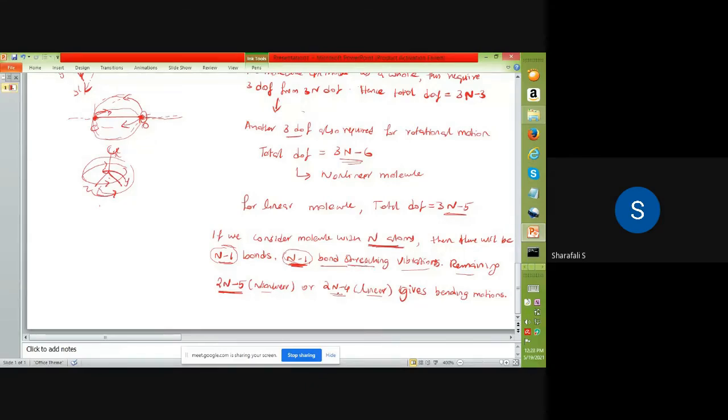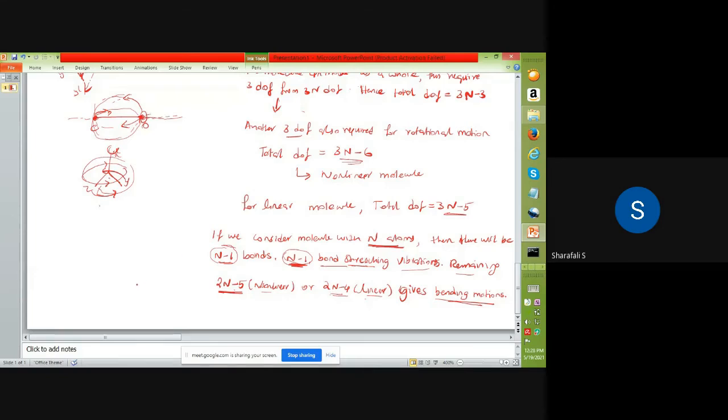So the remaining 2n minus 5 or 2n minus 4 vibrations will be associated with the bending motion. The first n minus 1 are associated with the stretching vibration, and the remaining 2n minus 5 and 2n minus 4, for the nonlinear and linear cases respectively, are associated with the bending mode of vibration. We will discuss the stretching and bending modes with examples.